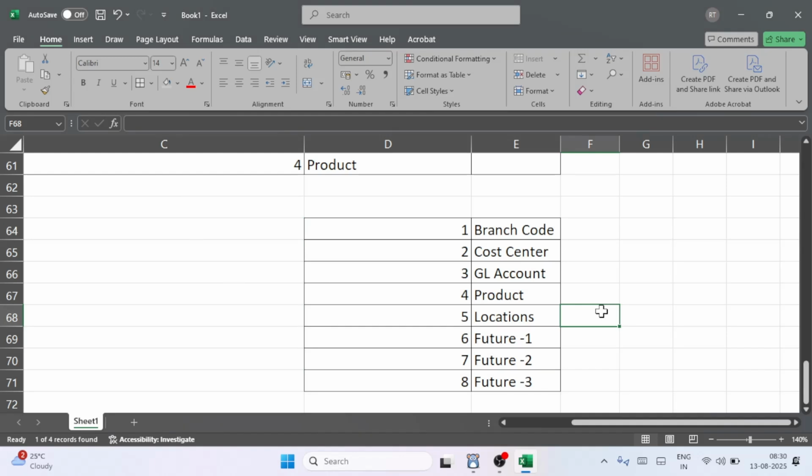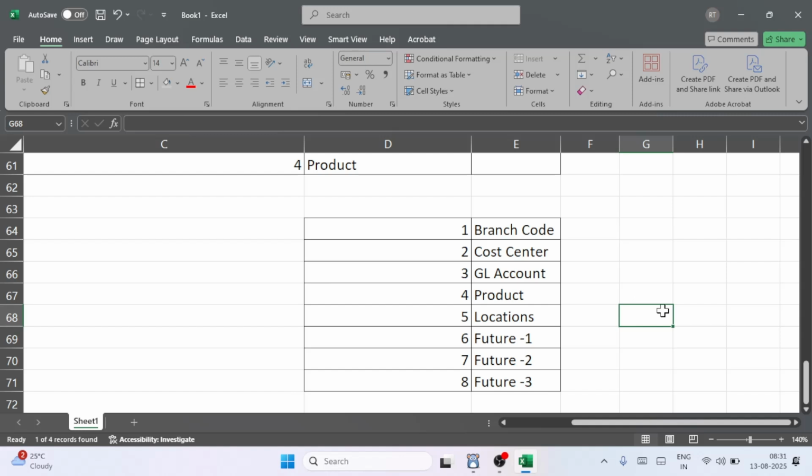Why we add future 1 and 2 and 3 are these are the additional segments because as I mentioned earlier, chart of accounts is one time definition. This is a one time setup. With the discussion with our client, we have identified these five segments as our dimensions as part of our reporting needs.